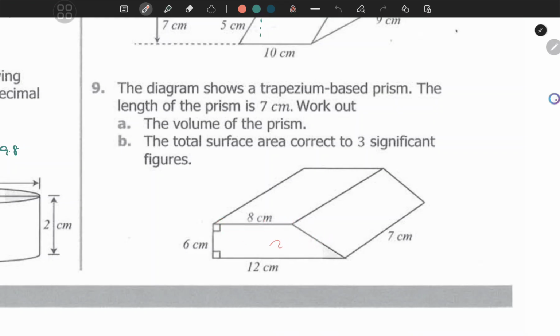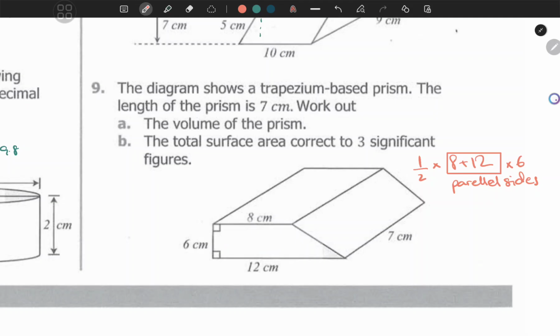So when we're talking about this trapezium, it has 8 plus 12 as the parallel sides, and the height will be 6, and this will be multiplied by half in order to give us the area of this trapezium.